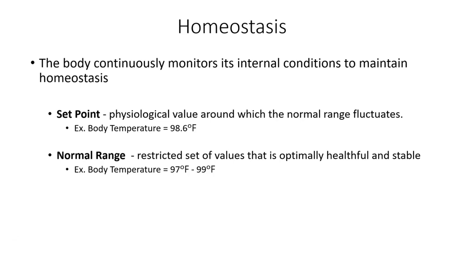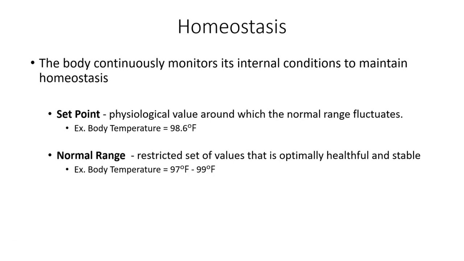I tend to run a little bit lower than that personally. Some of you maybe run a little bit higher than that. And some of you are going to be pretty much right on the money there. So a set point is that one single value, but there is a normal amount of fluctuation above or below that particular number.